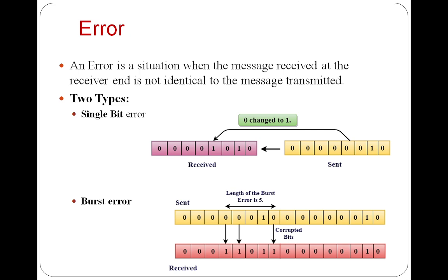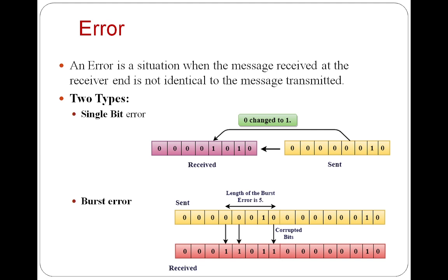Normally an error is a situation when the message received at the receiver is not identical to the message transmitted. For example, if I am sending the data as hello, good morning, then the same data has to be received by the receiver. Instead of that, if it receives good evening, there will be some kind of message variation.